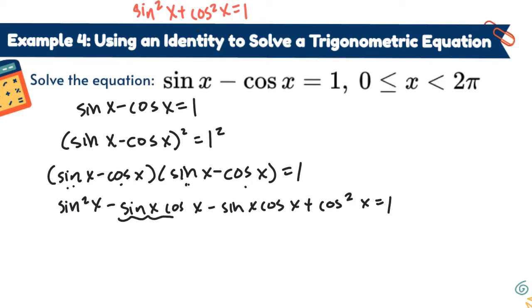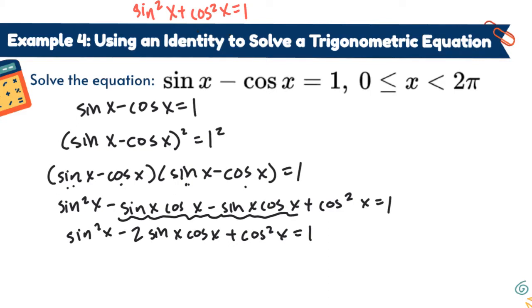And now I can combine like terms with these two middle terms. So this becomes sine squared x minus 2 sine x cosine x plus cosine squared x. And if you see here, we have these terms, sine squared x and cosine squared x, which aligns with what I want up here.